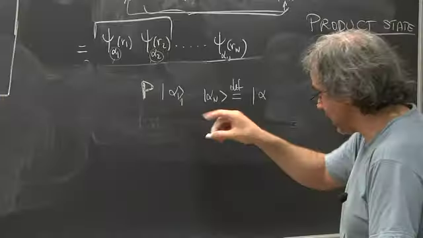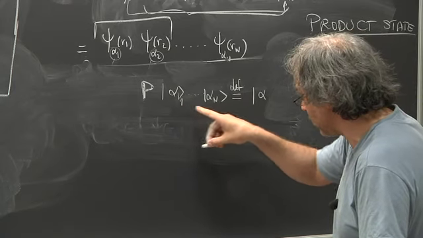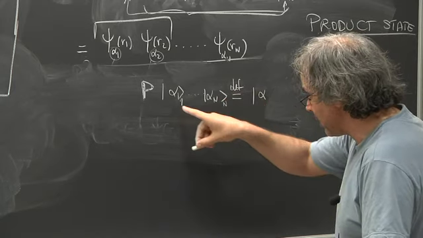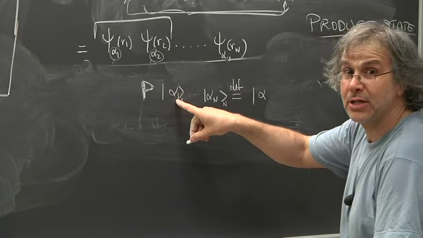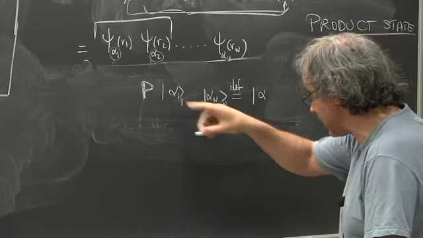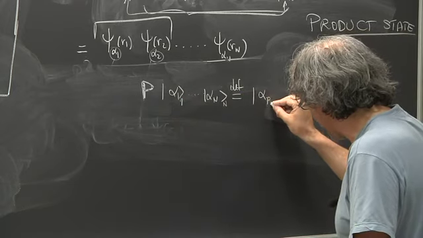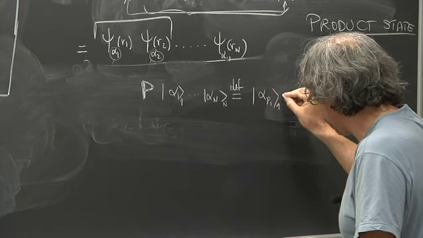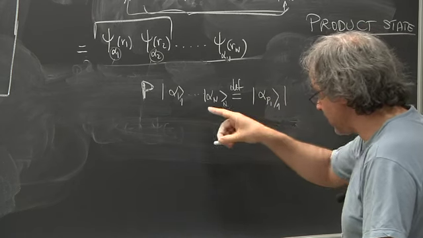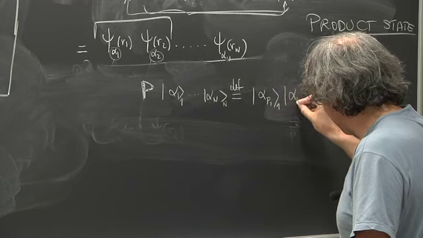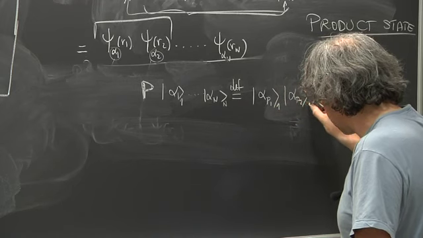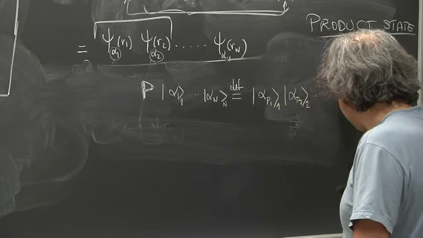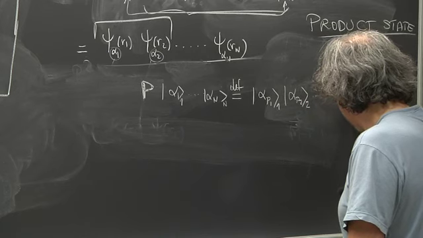So this object is nothing but, by definition, takes the first state, and rather than keeping it in state alpha 1, it puts it in state alpha p1. The 2 will be in state alpha p2. And the n, finally, will be in alpha pn.